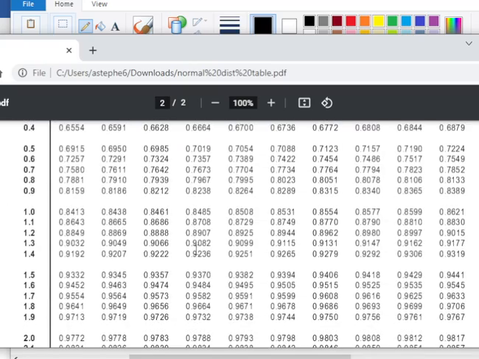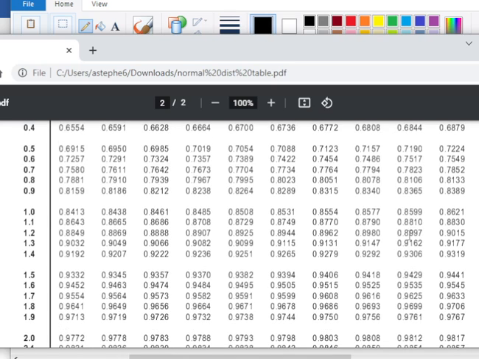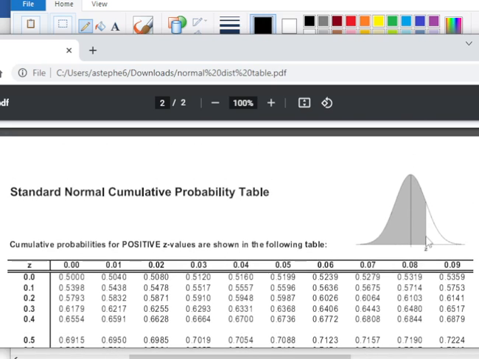So again, I'm looking for 0.9 in the body of the table. So I'm going to go all the way until I see 0.9. If I don't see it, I'm going to go between the two closest values, which in this case would be 0.8997, this value right here, and 0.9015. So I'm going to go across to the row, and I'm going to get 1.2. I'm not done yet. I'm going to go to the column to get the third digit, which is 0.08.